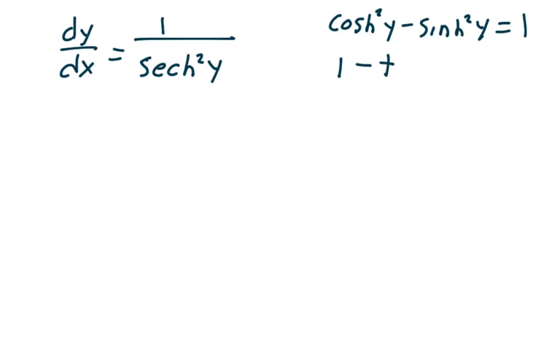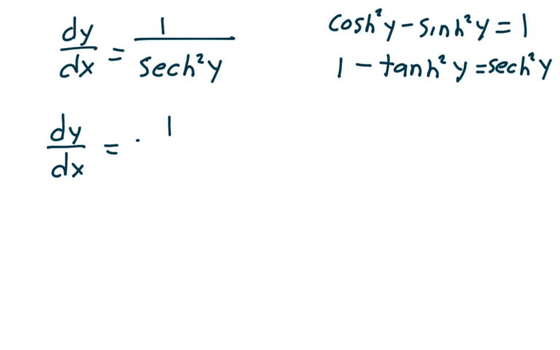So 1 minus hyperbolic tangent squared y is hyperbolic secant squared y. Now, that says that dy/dx is 1 over 1 minus hyperbolic tangent squared y.